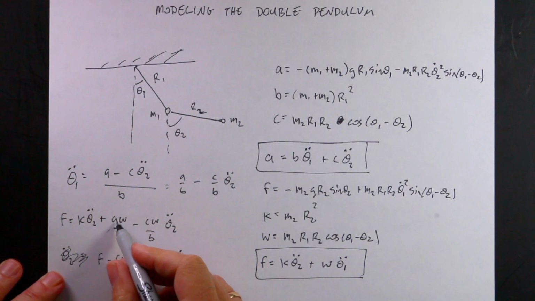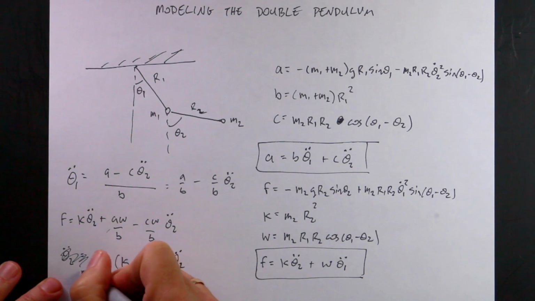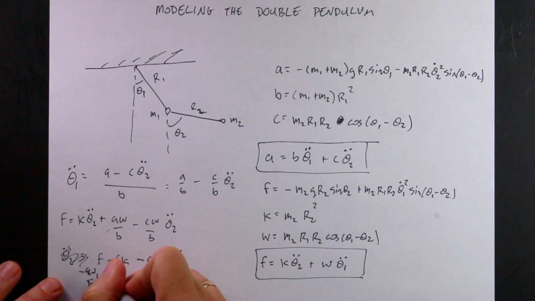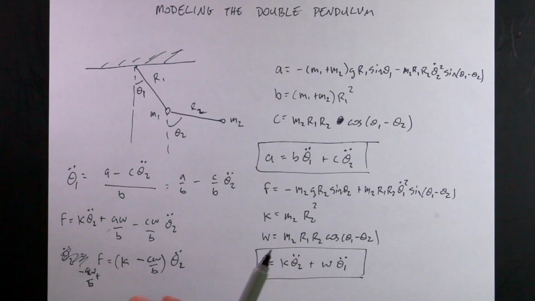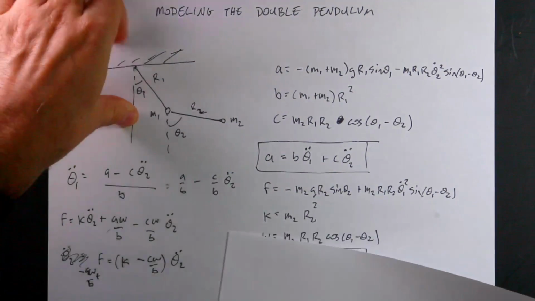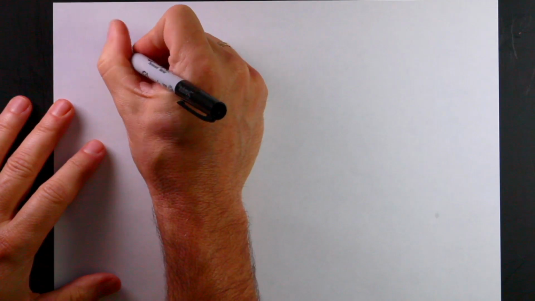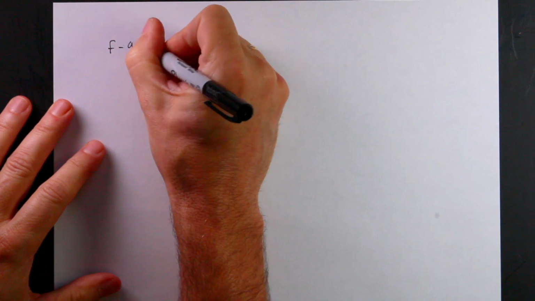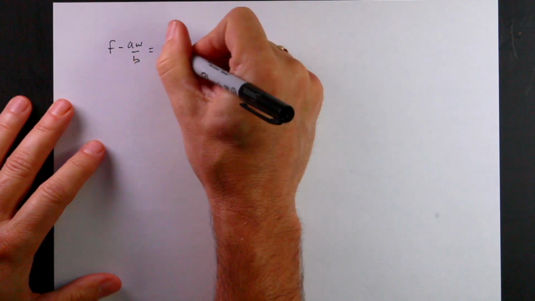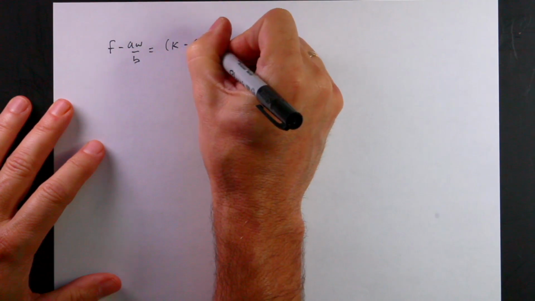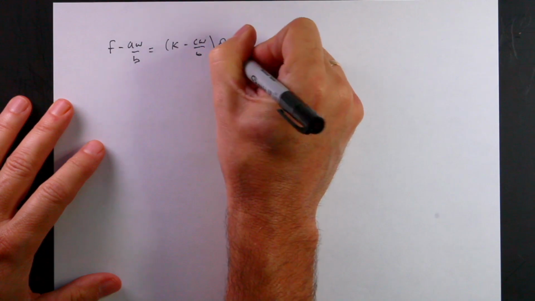And then let's subtract this term from the other side, so I get minus AW over B. I know that's messy, so let's get a new piece of paper. Okay, so now I have, this is right: F minus AW over B equals K minus CW over B theta 2 double dot.